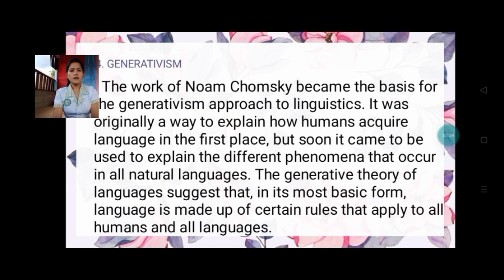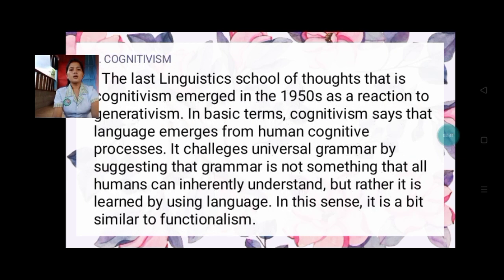And the last of the schools of linguistics, cognitivism. The last linguistic school of thought, that is cognitivism, emerged in the 1950s as a reaction to generativism. In basic terms, cognitivism says that language emerged from human cognitive processes.